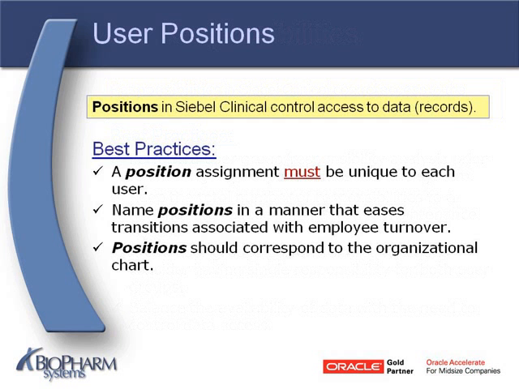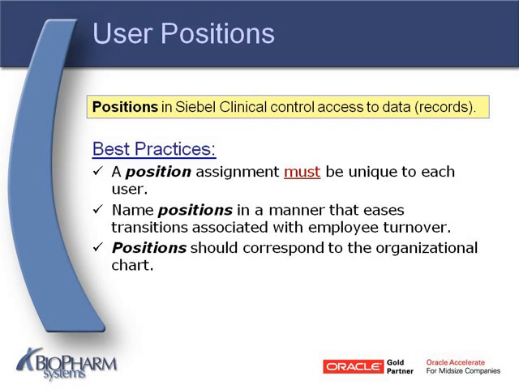To simplify the maintenance of user positions associated with employee turnover or internal reorganization, we highly recommend that the naming convention and assignment for positions correspond to your clinical organizational chart that we discussed earlier. We strongly discourage using individuals' names for the assignment of positions.